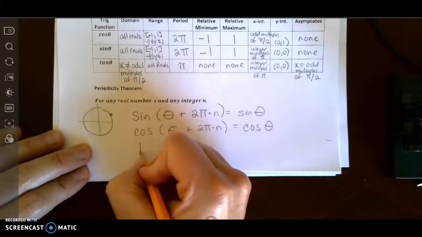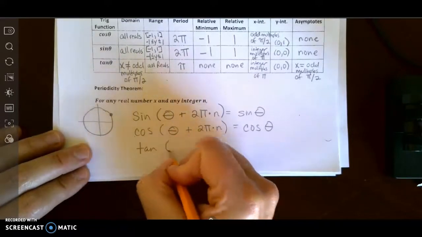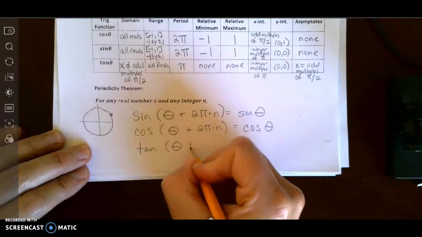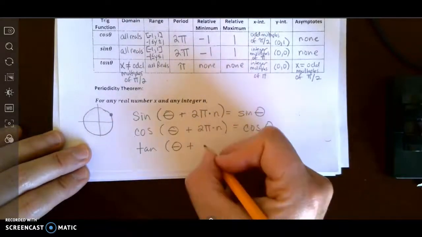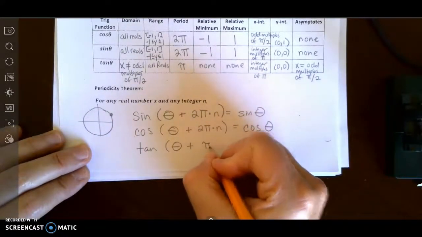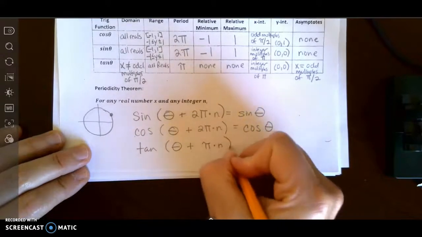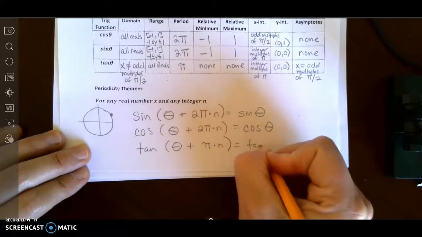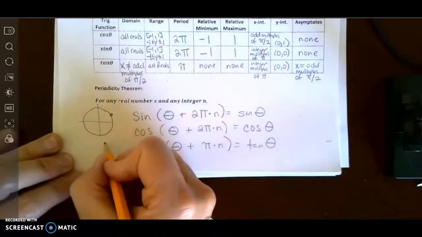Now, tangent is a little bit different because you don't have to go all the way around the circle. Tangent repeats every pi, so it's just plus pi times n, and you will get the same tangent of theta. I'll show you what I mean.